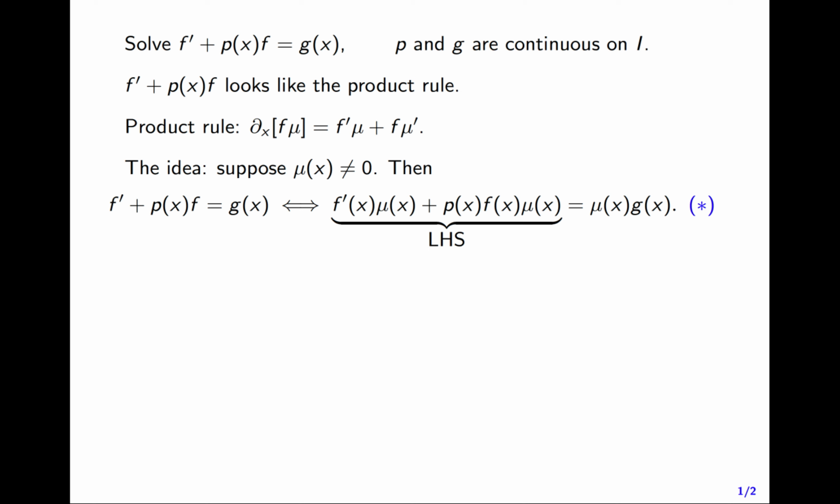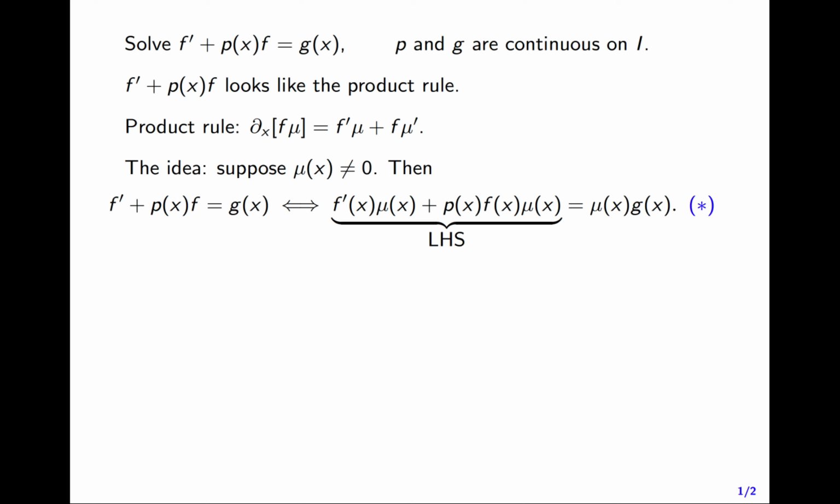So f prime plus p of x on f equals g holds if and only if f prime of x times mu of x plus p of x times f of x mu of x equals mu of x times g of x. And I can go back and forth here from the left to the right or the right to the left because I'm assuming that mu of x is non-zero. And so I can always divide it out and not have a division by 0.